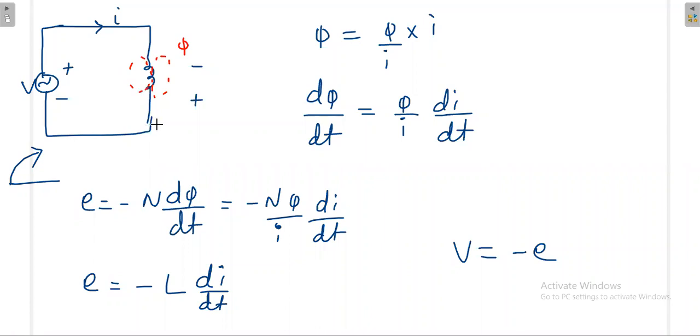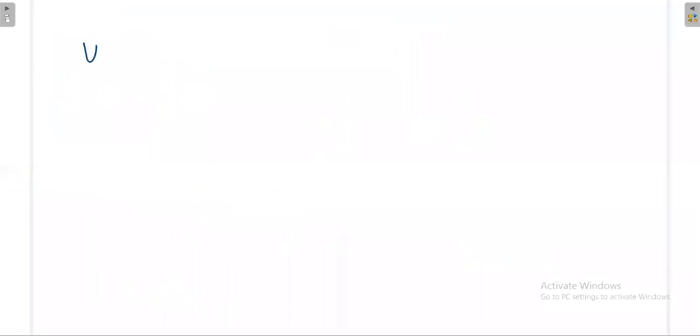Once V is minus E, then instead of E you can put V. So V is equal to L di/dt. That is our regular formula. V is equal to L di/dt is the regular formula when you apply some voltage across the inductor.